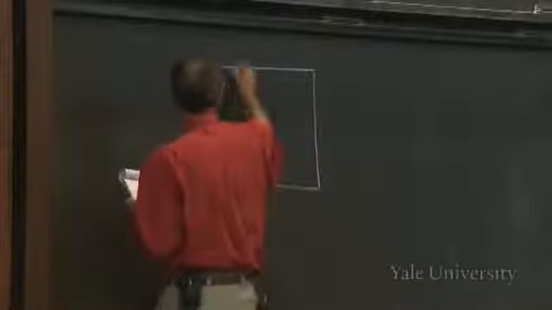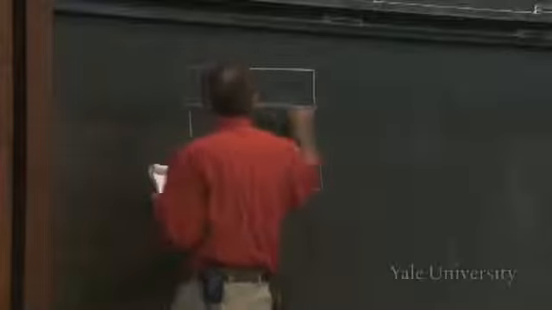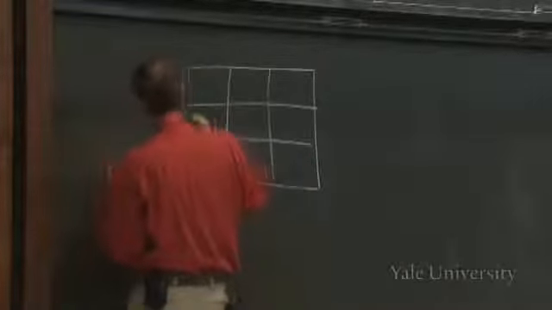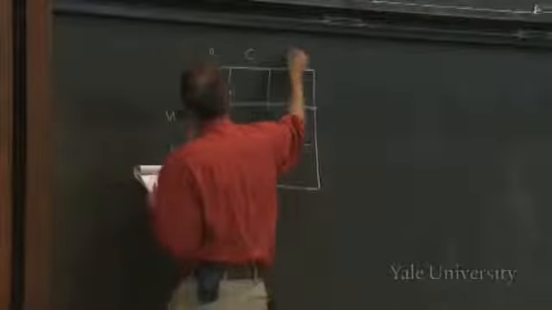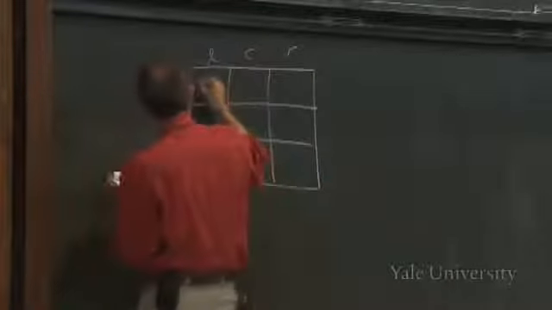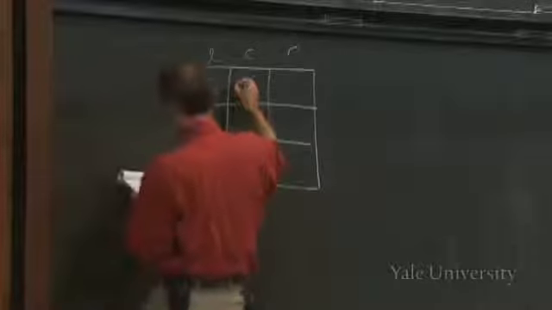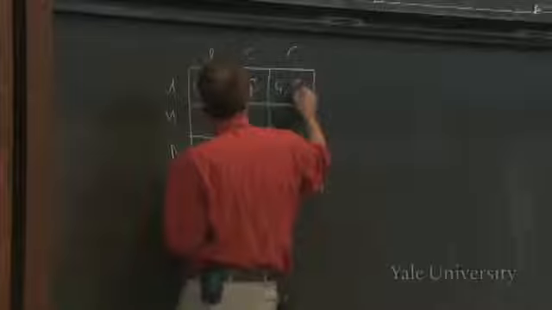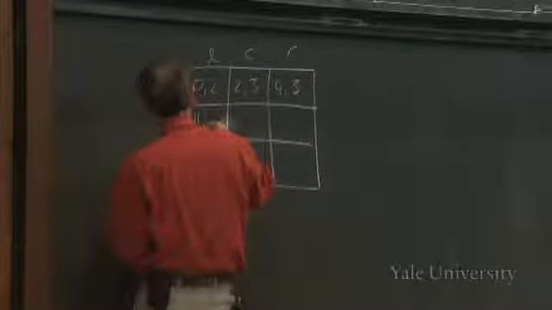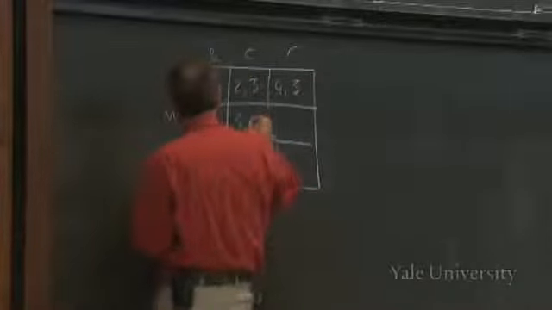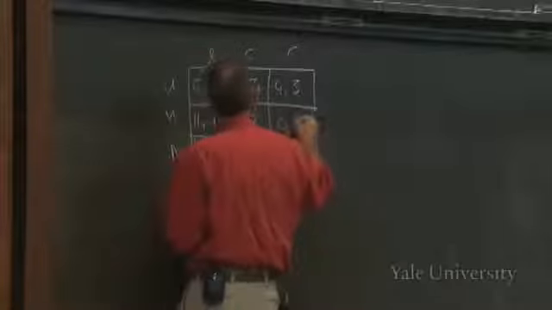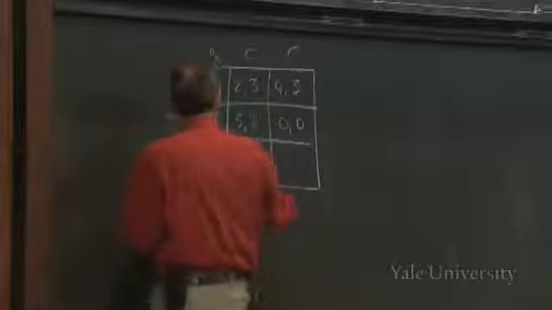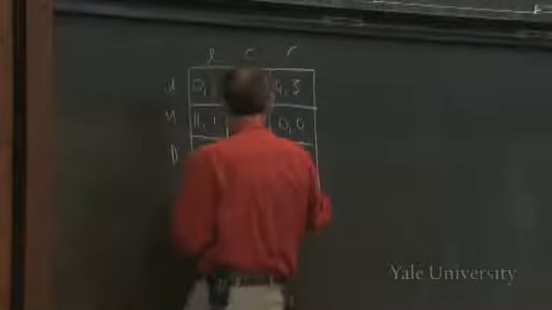And again, we'll keep it simple for now, and we'll keep to a 2-player, 3-strategy game. Up, middle, down, left, center, right. And this time the payoffs are as follows: 0-2, 2-3, 4-3, 11-1, 3-2, 0-0, 0-3, 1-0, and 8-0.